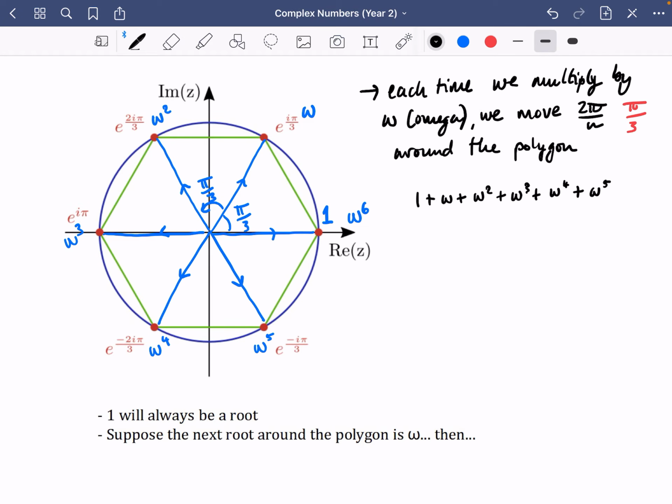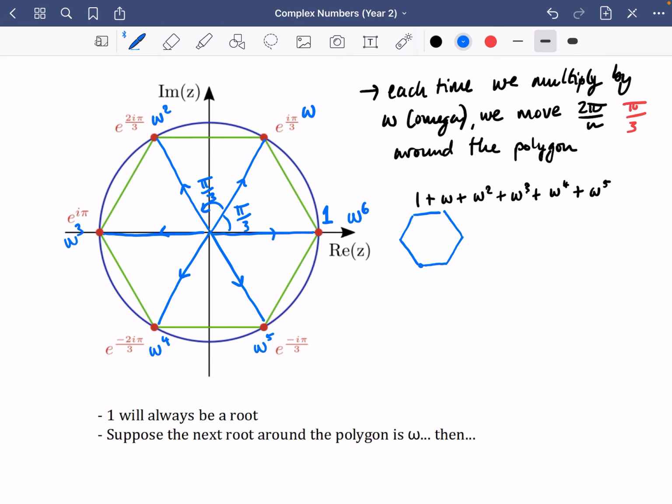Well, if I think about this geometrically for a second, if I do this as vectors, I'm going to do a quick sketch where I'm going to draw this one for 1, this vector for omega, this one for omega squared, etc. So here's the origin, I would add on 1, then I would add on omega, then omega squared, then omega cubed, then omega to the power of 4, then omega to the power of 5.